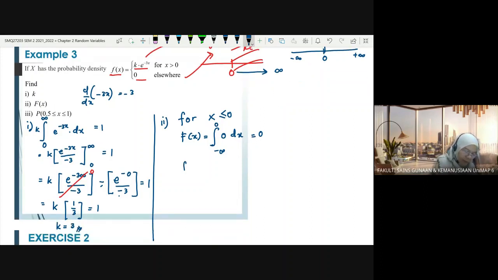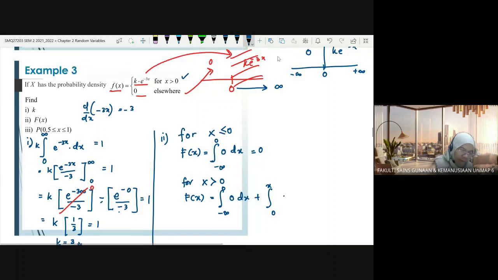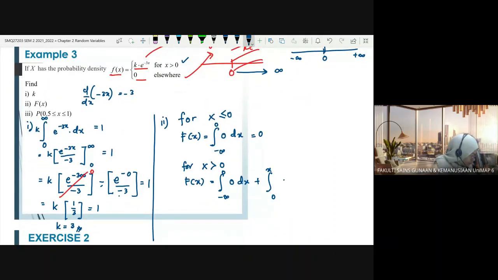Now for x greater than 0, F(x) is given by the integration from negative infinity to 0 of 0 dx, plus from 0 until x, and for this one you will get ke^(-3x), that will be 3e^(-3x) dx.